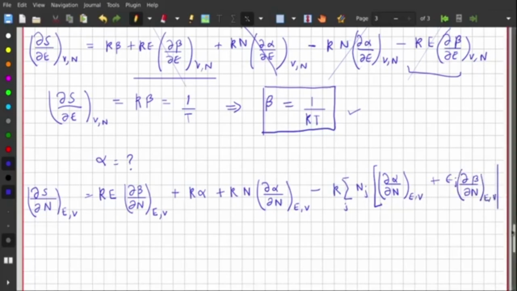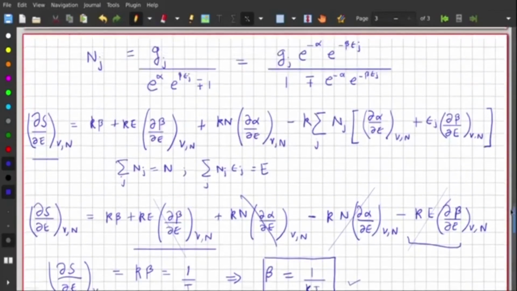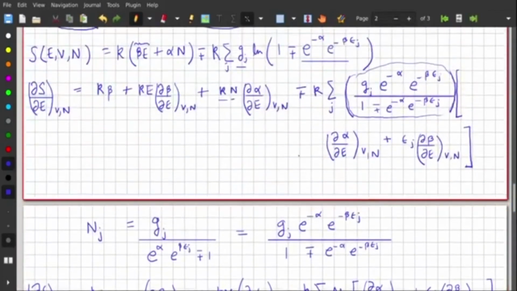If you see the expression for S, we'll be able to see exactly how this came. We differentiated now with respect to N, and again we need to remember that alpha and beta are functions of N here.